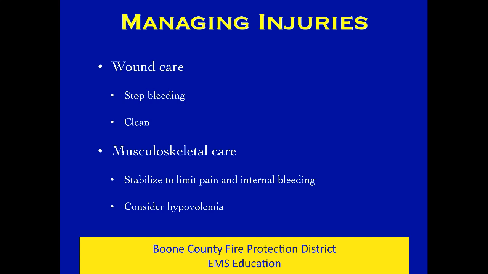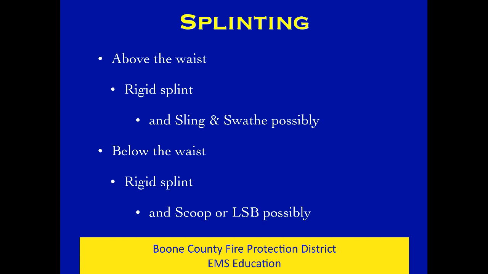And then consider if they have lost volume. Either they've injured areas that bleed significantly, or they've been down a while before you were able to start care for them, and they've been bleeding for a while.